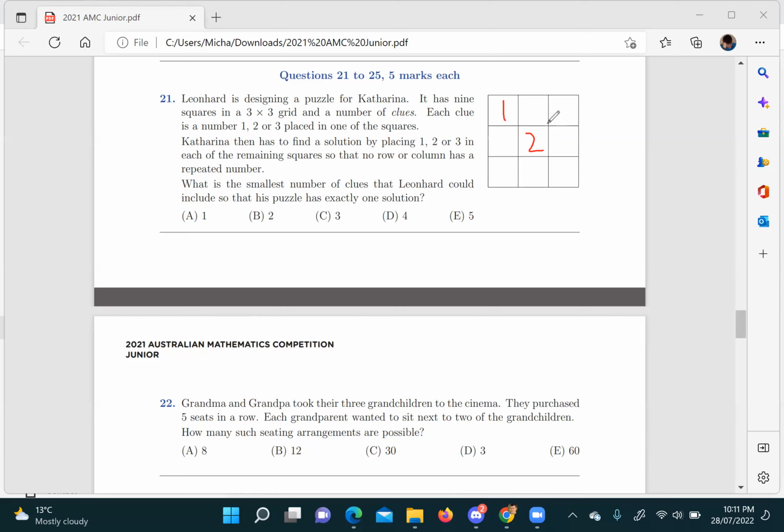I got 1, 3, 2, like that. And then at the bottom row, 2, 1, 3, and then 1. Oh, so you already got this. Can you see that that is what you need?